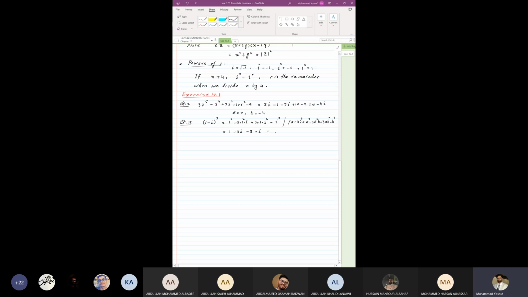So this becomes negative 2 minus 2i. So this is the a plus bi form where a is negative 2 and b is also negative 2.